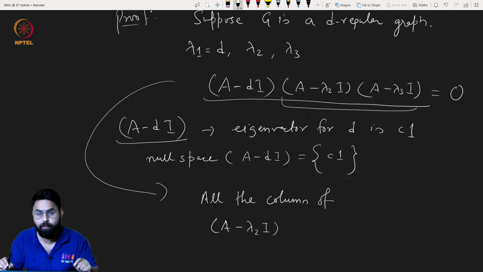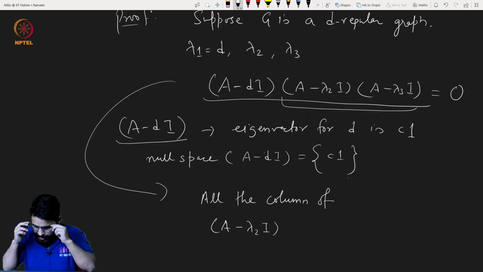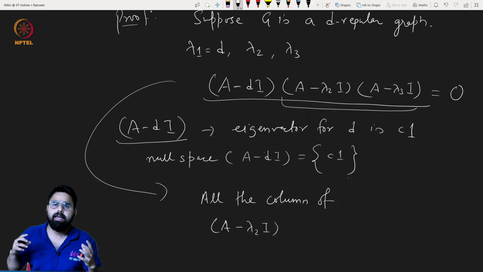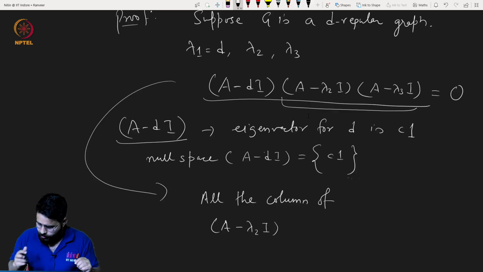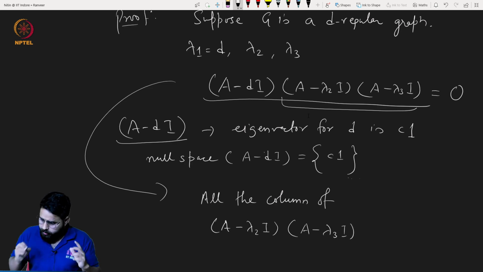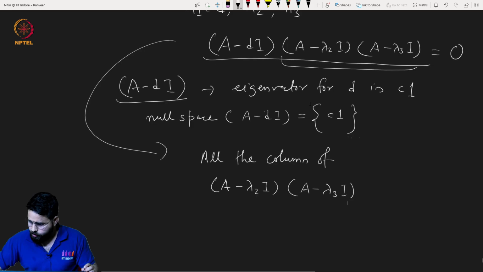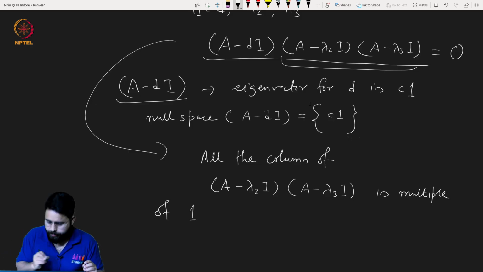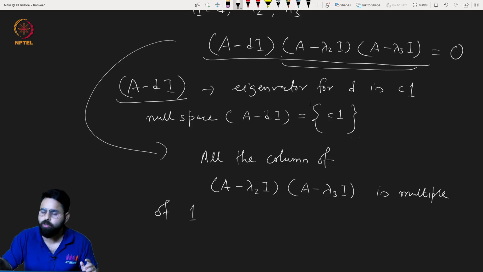That is, the dimension of the null space is 1. So all the columns of this matrix are multiples of the all 1 vector.